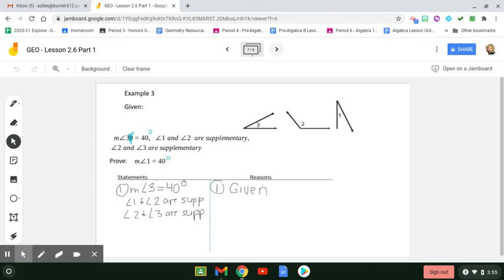Okay, since we have that, see how they're congruent to the same angle? We can say angle 1 is congruent to angle 3, and we're going to say that with our congruent supplements theorem.